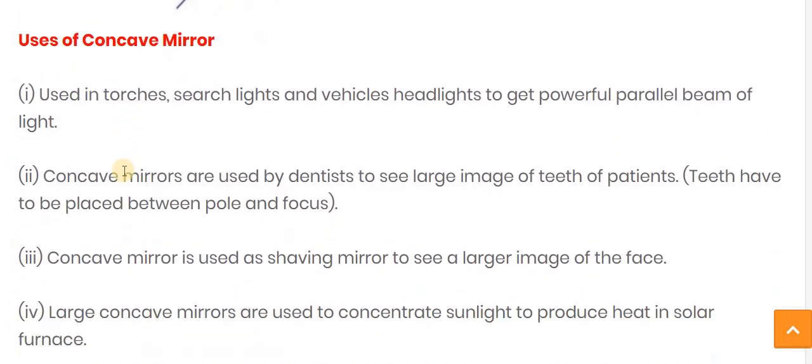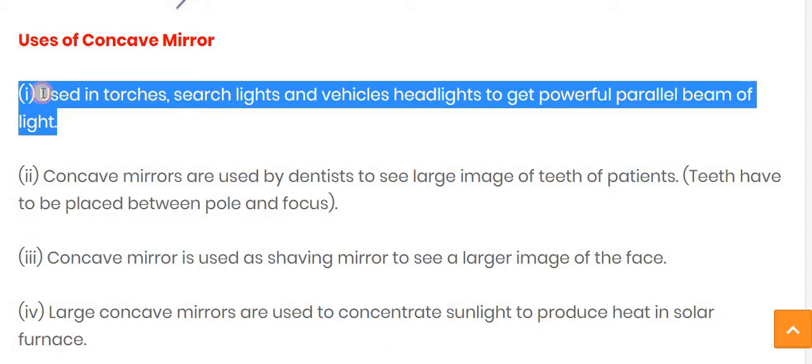Now the next one, the use of concave mirror, means where we can use this concave mirror. It is used in the torch, searchlight, and the vehicle's headlight to get a powerful parallel beam of light. This concave mirror is mainly used for making the torch, searchlight, and vehicle's headlight.